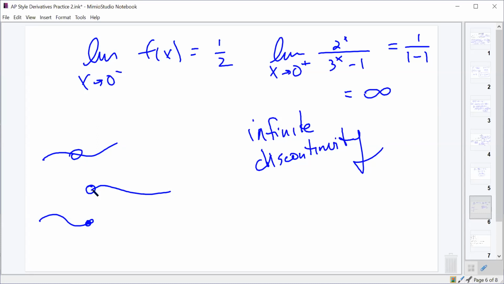So there's a finite limit from the right and a finite limit from the left, but they're different. That's a jump. And then removable is that the limit exists from both sides and they're the same from both sides, but the function doesn't exist at that point. And then an infinite would be if from one side or from both sides it approaches infinity or negative infinity. Does that make sense? Yeah.